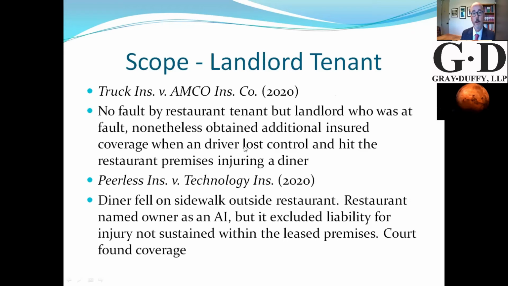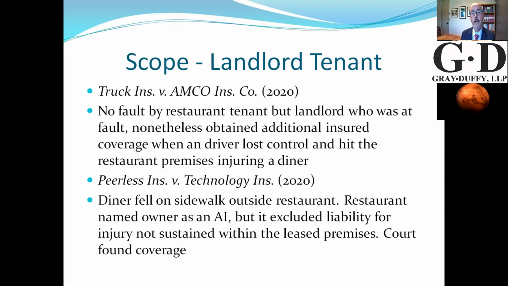The trial court found that the restaurant owner, who had no idea that this had happened, was not at fault, and they were dismissed from the case. And the landlord was left in the case. They were found to be at fault, or potentially at fault, because they had knowledge about the prior incident, if, for instance, on a theory they should have installed bollards or something like that. And the court found that they were an additional insured under the tenant's business commercial general liability insurance policy, even though there was no fault on the part of the restaurant tenant.